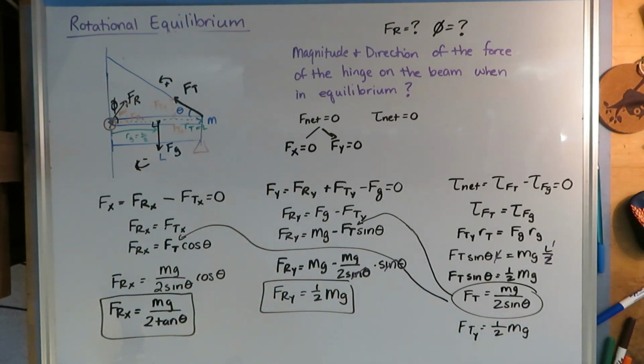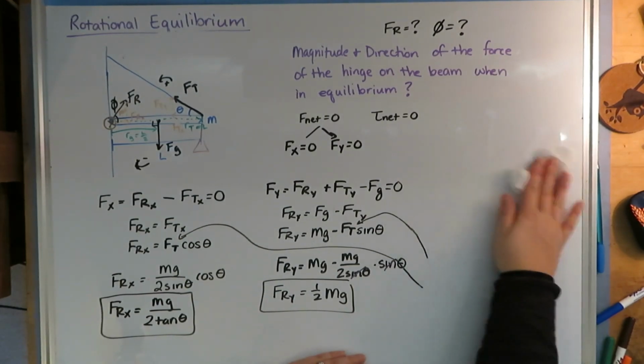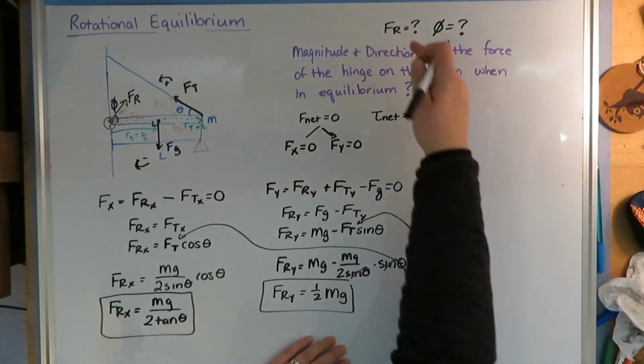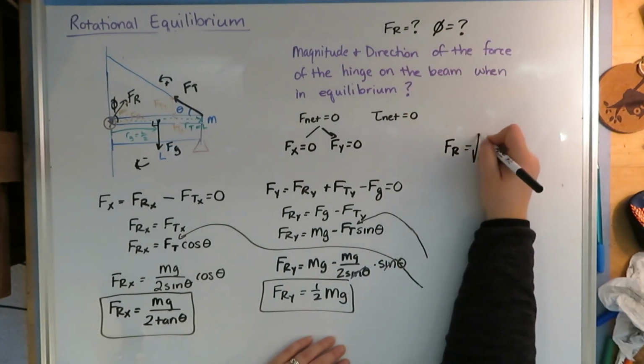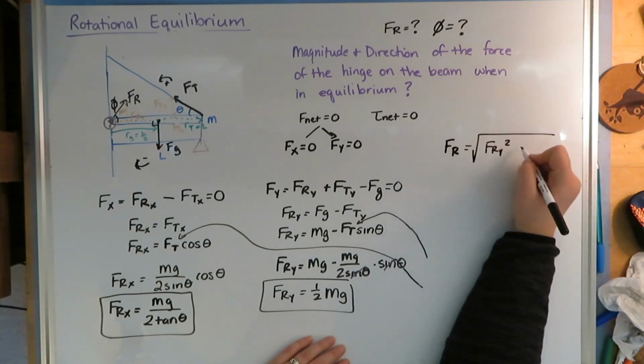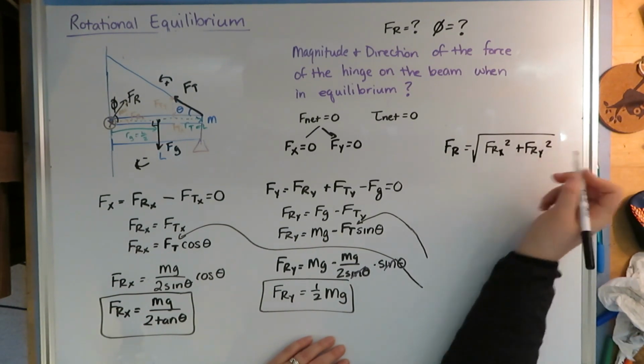And you could go through and find what those values are. So if I wanted to find FR, which is actually what the question's asking, FR is going to be the square root of FRX squared, I usually do X first, plus FRY squared.